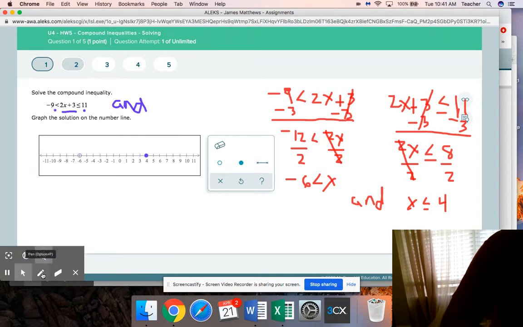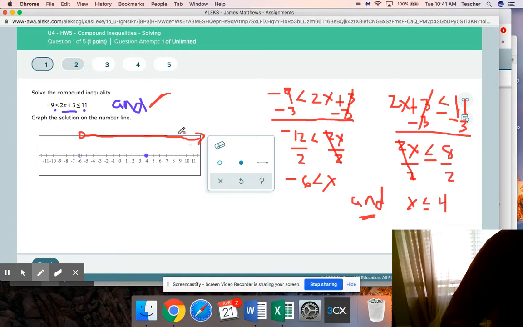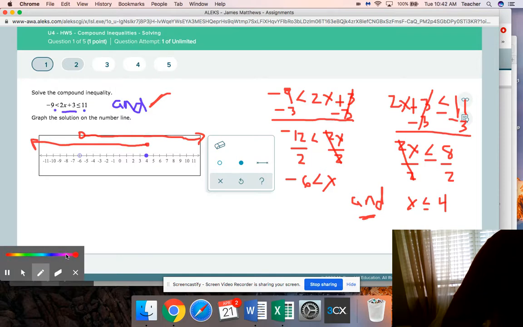All right. Now, again, since it's an and, I need to know where they are both shaded. So if my x's are greater than -6, I'm talking about all of these right here, going this way forever. And at the same time, x is less than or equal to 4. So I'll have this dot like I have, and I'm talking about all of these values. The question really is, where do these things meet?